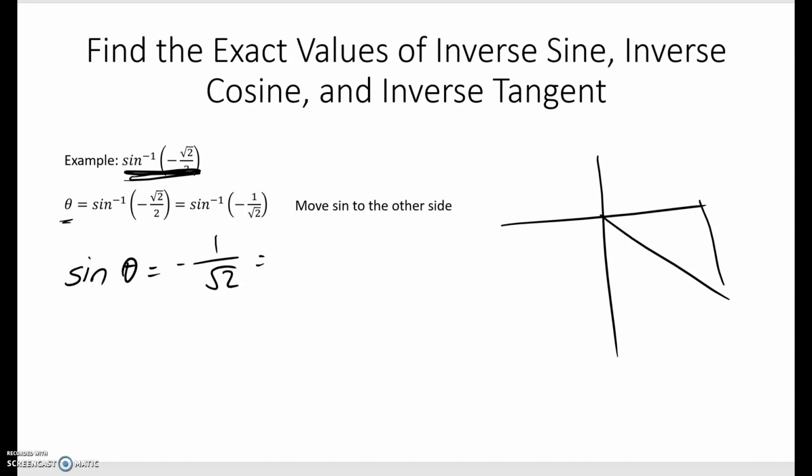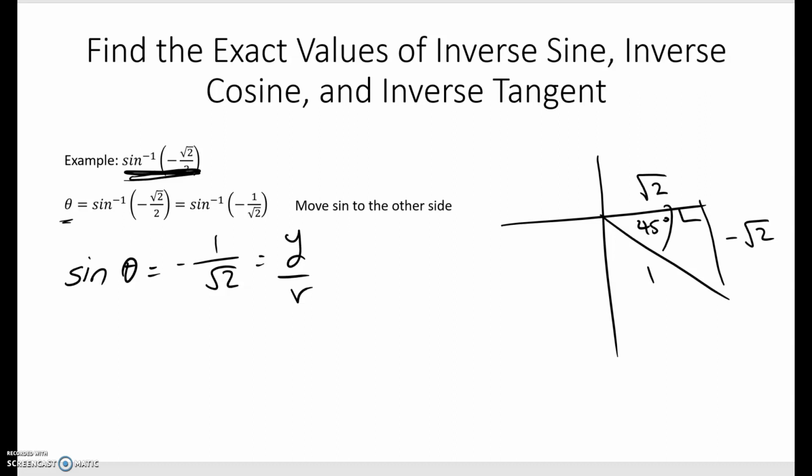Okay, so sine is equal to y over r. So y is the negative square root of 2. This is 1. This has got to be square root of 2. Hey, we're back in our 45, 45, 90 degree triangle. So this has got to be a 45, which is the angle that we're looking for.